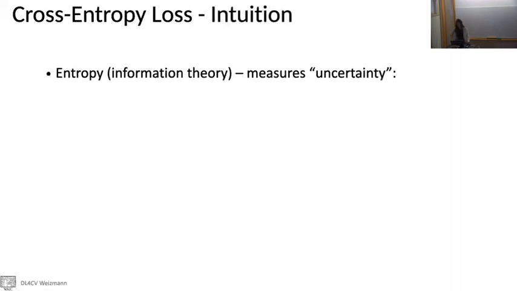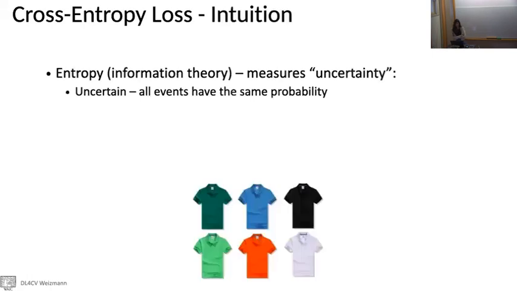So some intuition behind cross-entropy, which will also relate to our interpretation of looking at the prediction as probability. The term entropy comes from information theory, and it measures the uncertainty of our probability. What do I mean by uncertain? When I say uncertain, I mean that all events have the same possibility.